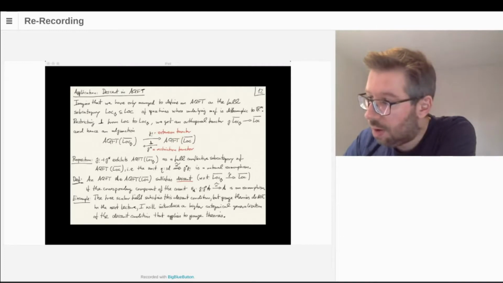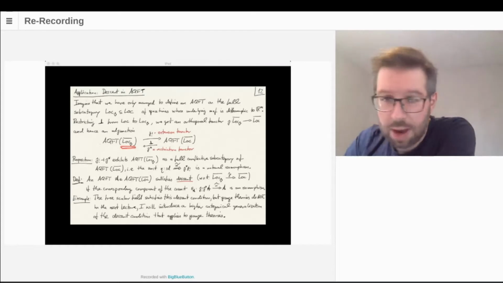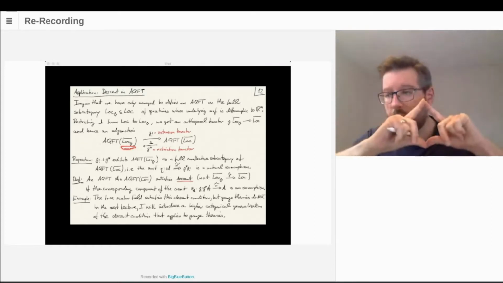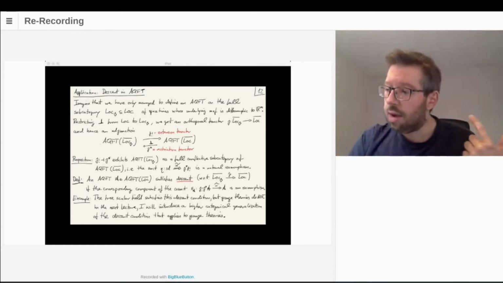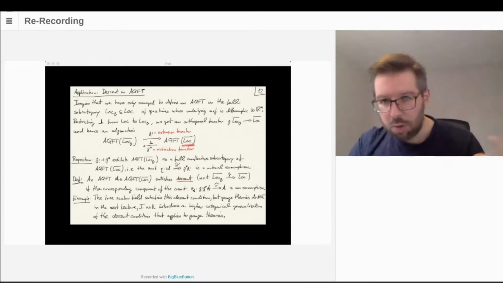So this J shriek here is a kind of extension functor, because it takes a theory which doesn't know about topologically non-trivial manifolds, which is just defined on manifolds of diamond shape, and extends it in a universal way to a theory defined on all manifolds. So this is quite nice.